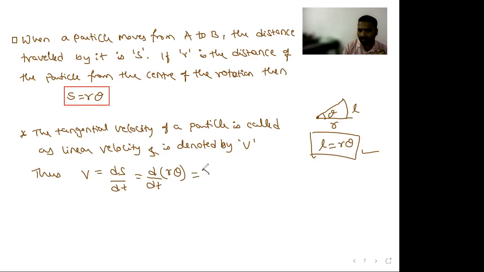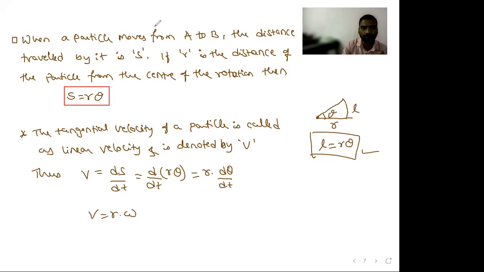Can I take it outside? R into d theta divided by dt. What is d theta by dt? Rate of change of angular displacement with respect to t, that is angular velocity omega. So v is equal to R into omega.